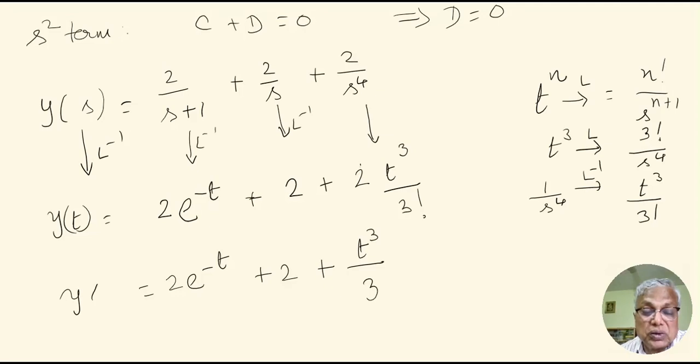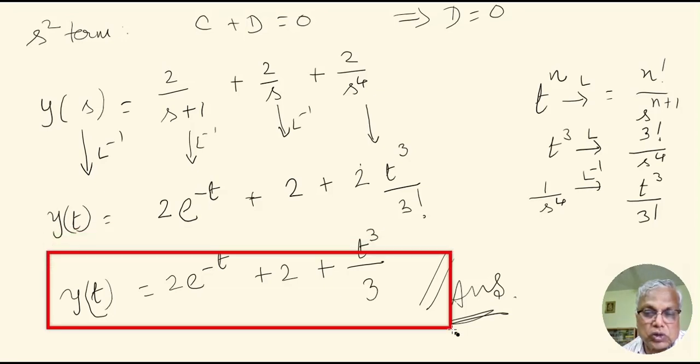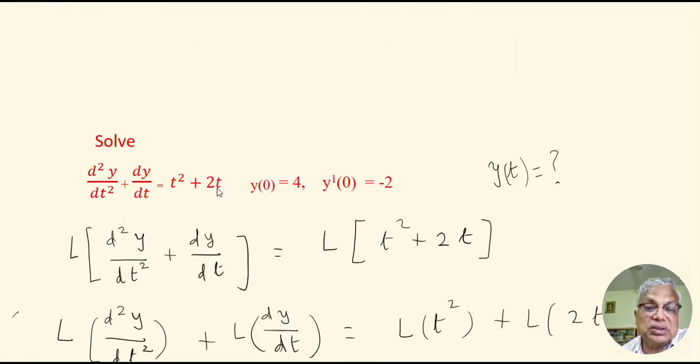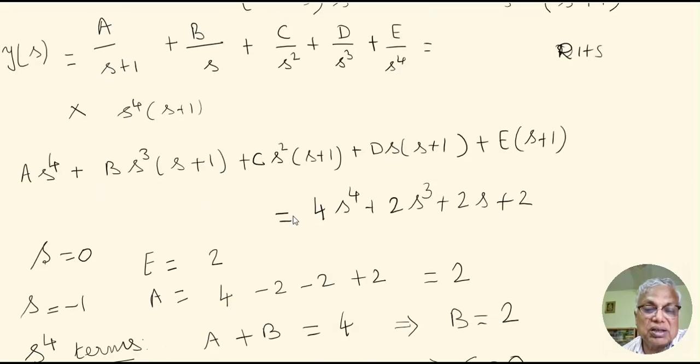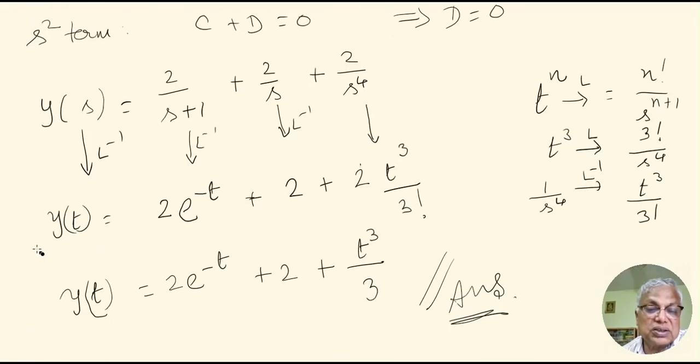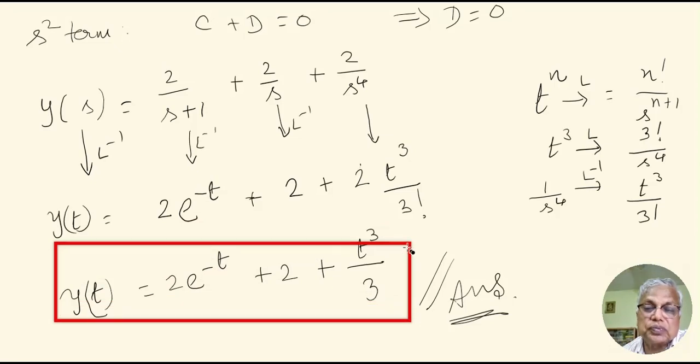So the solution is y of t equal to this. So this is the answer. The solution of the given differential equation, what we started with, is y of t equal to 2 e power minus t plus 2 t cube by 3.